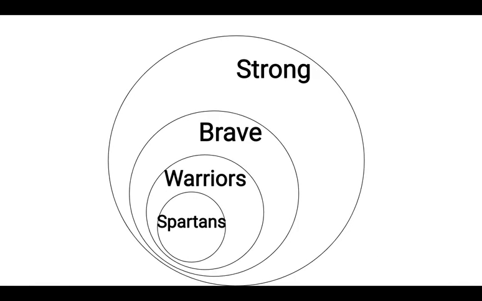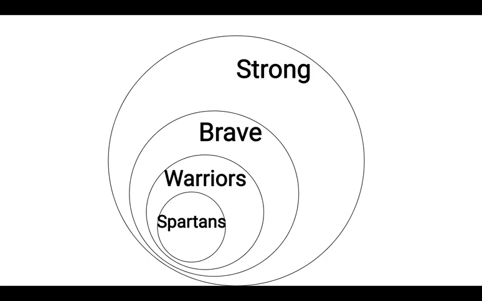You can make a little informal Venn diagram. And this, in effect, if you've already organized your argument, if you put it into standard form accurately, then it's actually already represented in this way. So this argument is all brave persons are strong persons, all warriors are brave, and all Spartans are warriors.